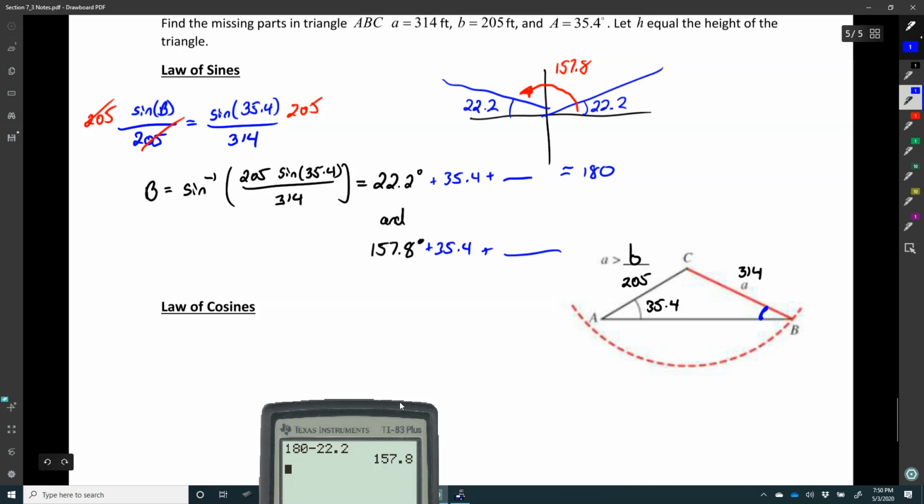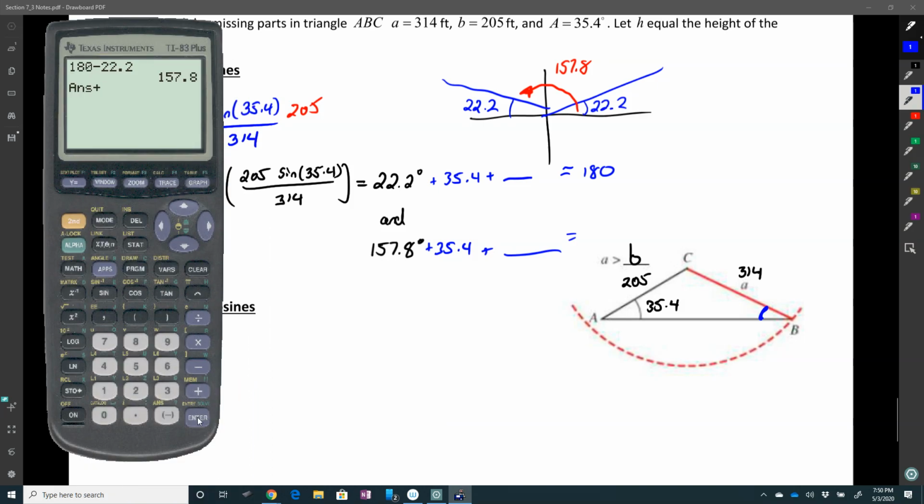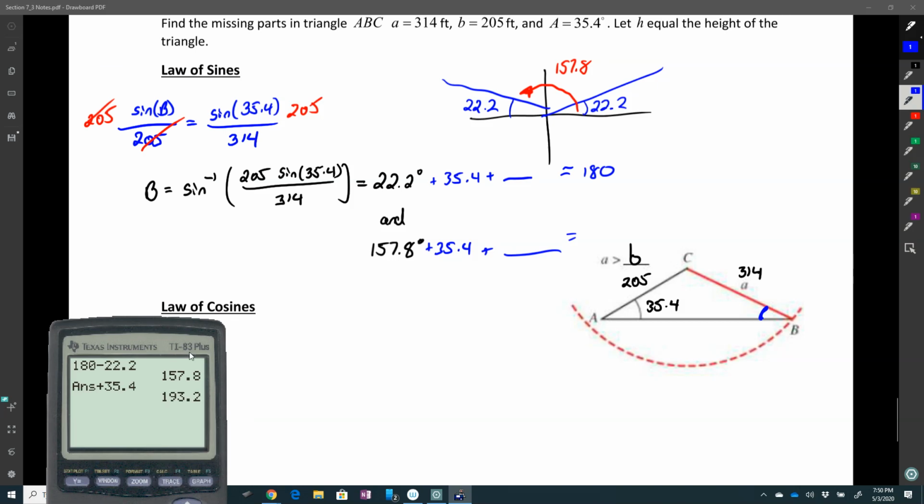So notice that here, 157.8 plus 35.4 is already 193.2. And I haven't even found the missing angle yet. So it can't be 157.8 because 157.8 plus the given angle is more than 180.